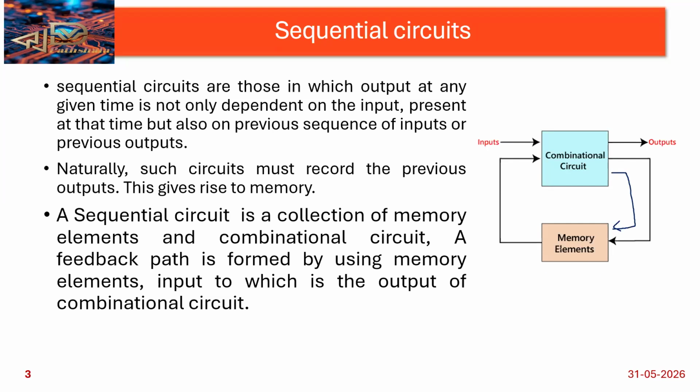This memory element is given to the combinational circuit and stores some value. So a sequential circuit is a combinational circuit plus memory elements, with feedback given through the memory elements. Whenever we give the input we get the output, and the sequential circuit depends upon the input as well as the memory element.